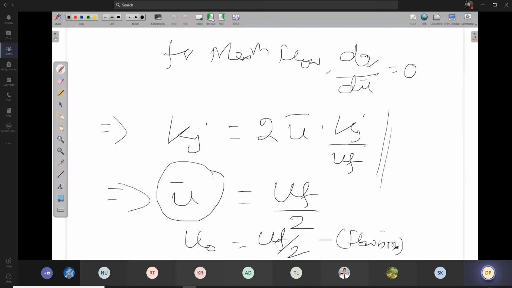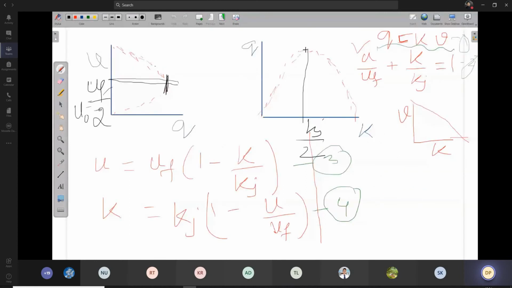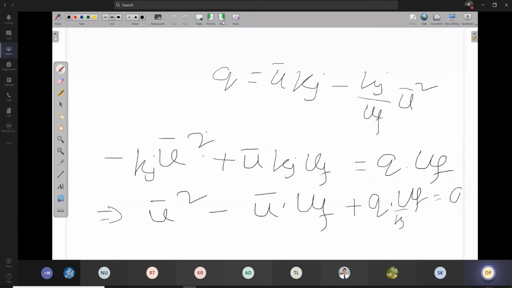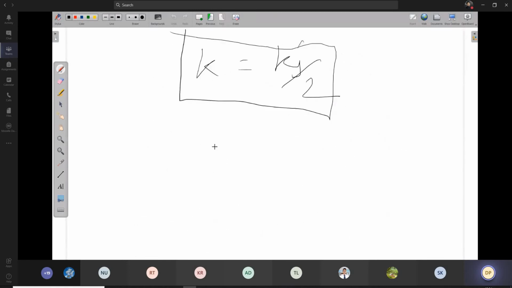Look at this graph. Whenever flow is maximum, density of the stream is kj by 2. So this density we can denote by k0, that particular location. So k0 equal to kj by 2.